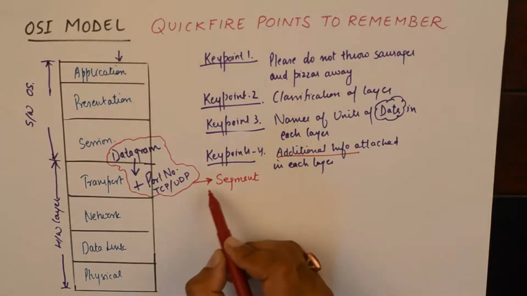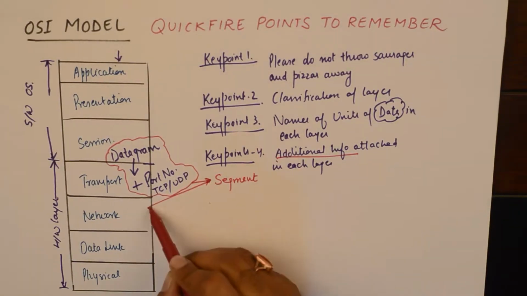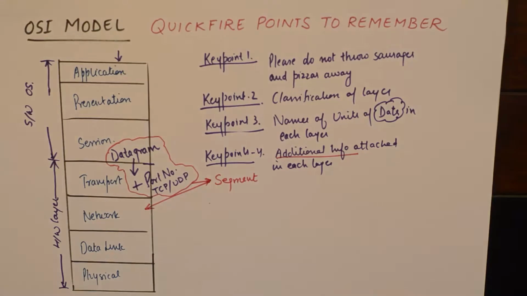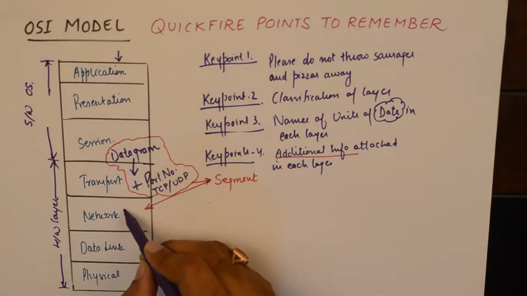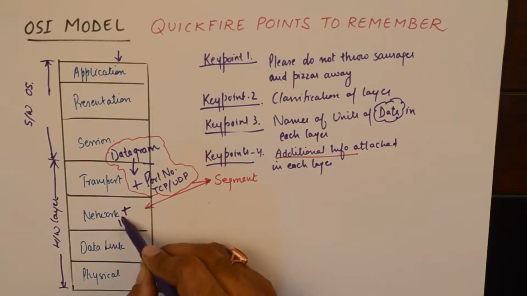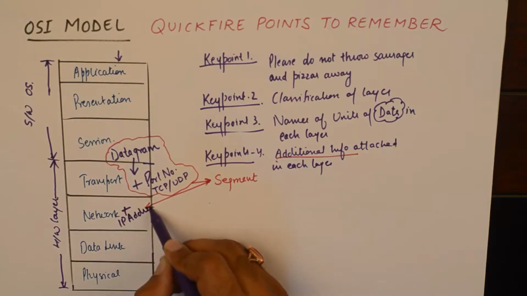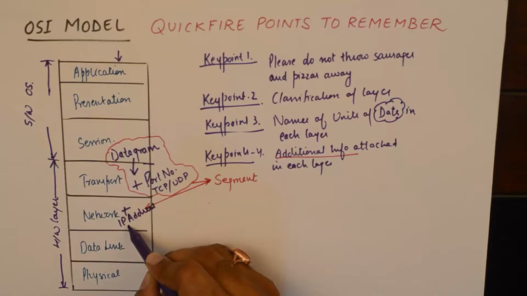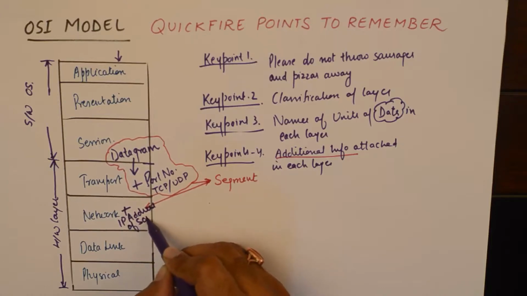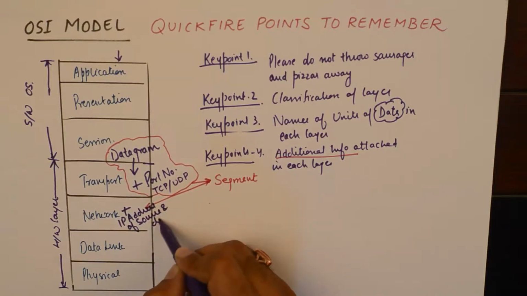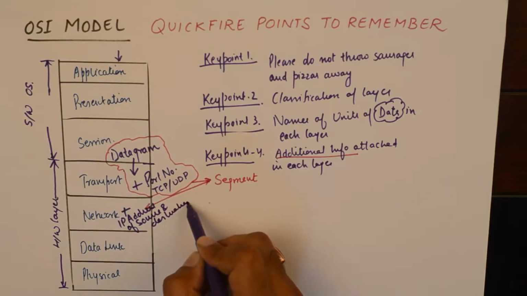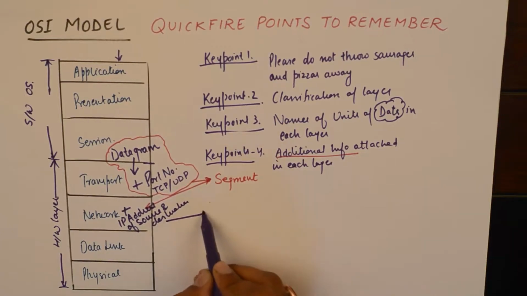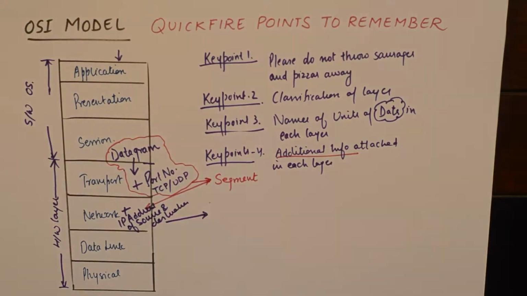Now this segment goes to the network layer, and the network layer additionally attaches the IP address of source and destination, and it generates a unit.